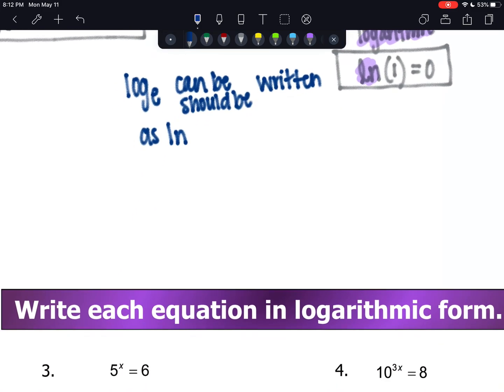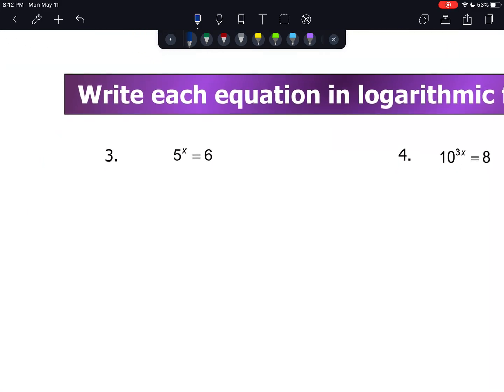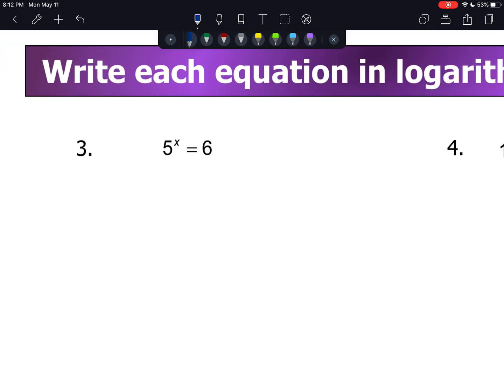Okay, so let's try another. Here we have 5 raised to the x equals 6. So we're going to write this in log form. Log base, try and be a step ahead of me, log base 5 of 6 is equal to the exponent x.